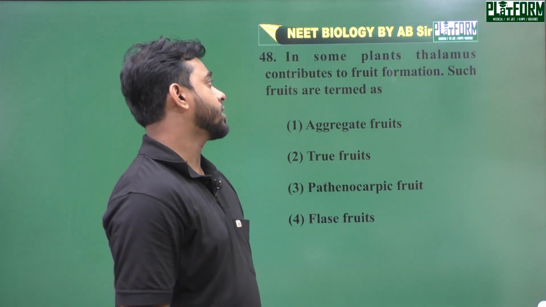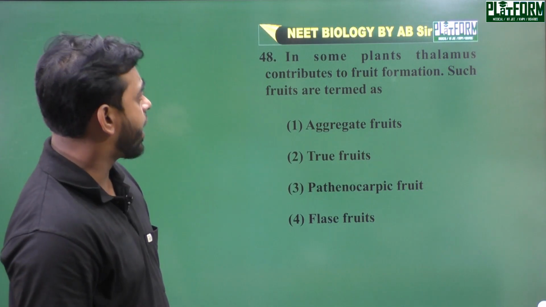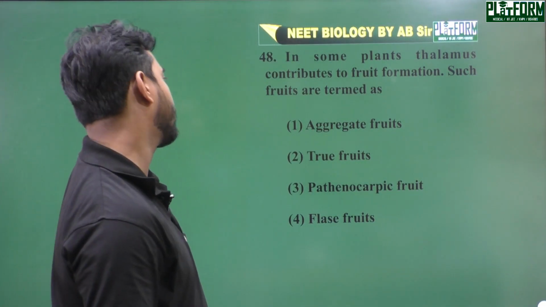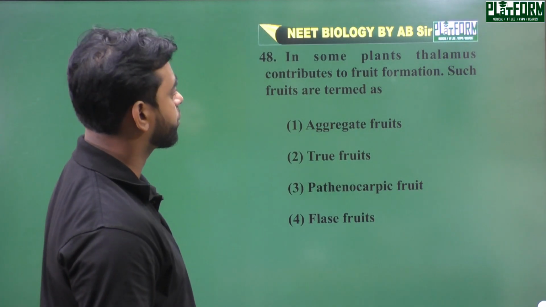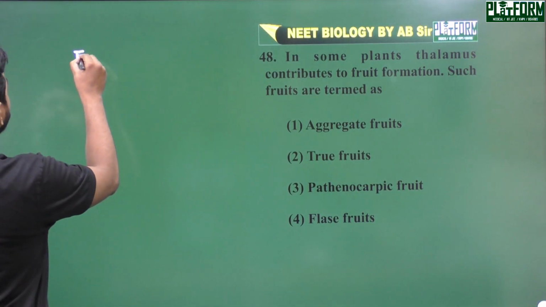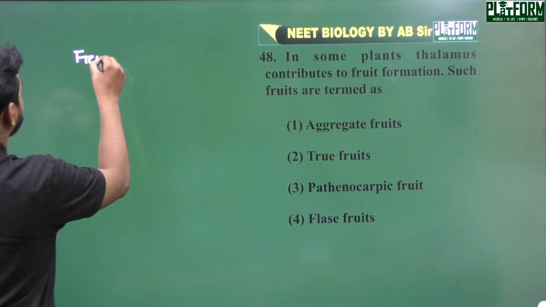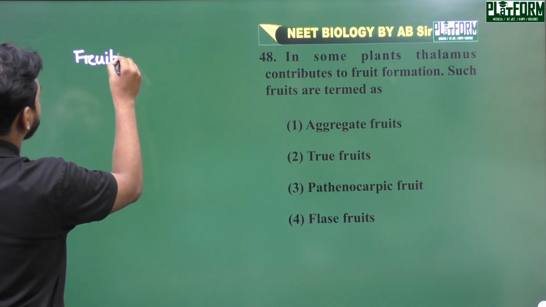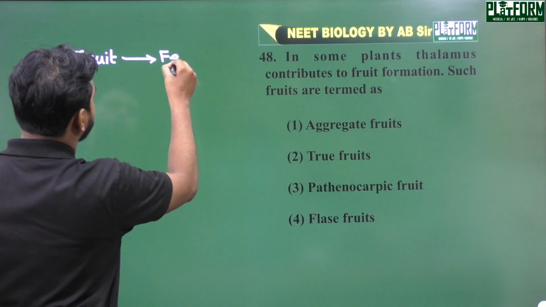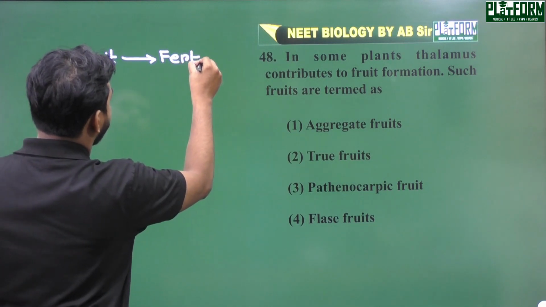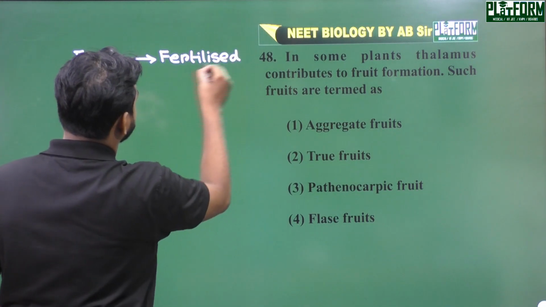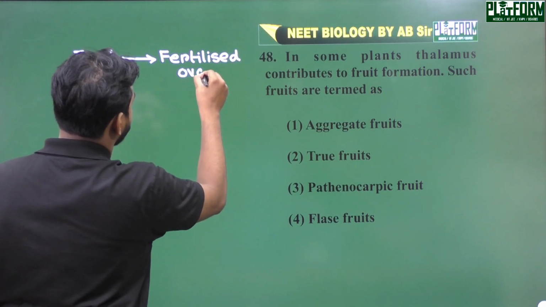Now this is the next question. In some plants, the thalamus contributes to fruit formation. Such fruits are termed as? We know that the fruit is developed from the fertilized ovary.